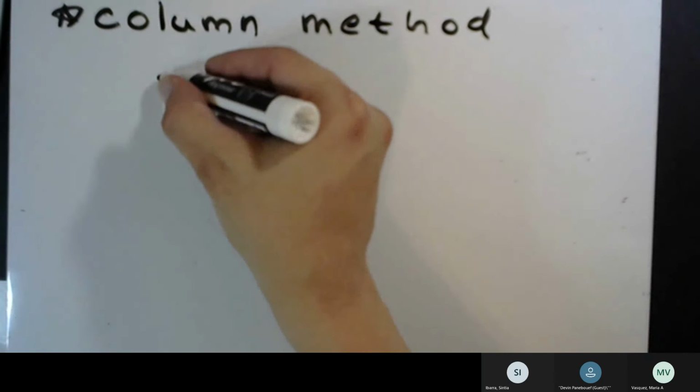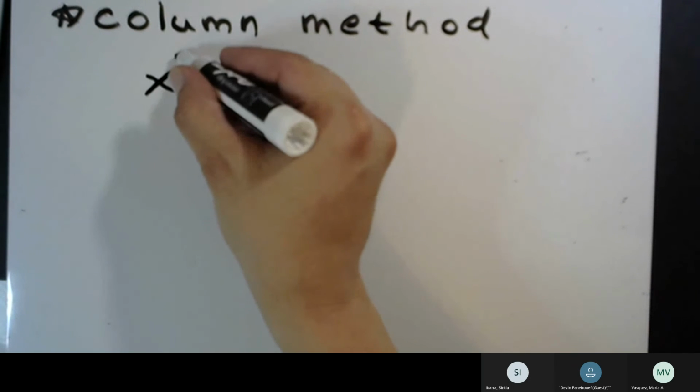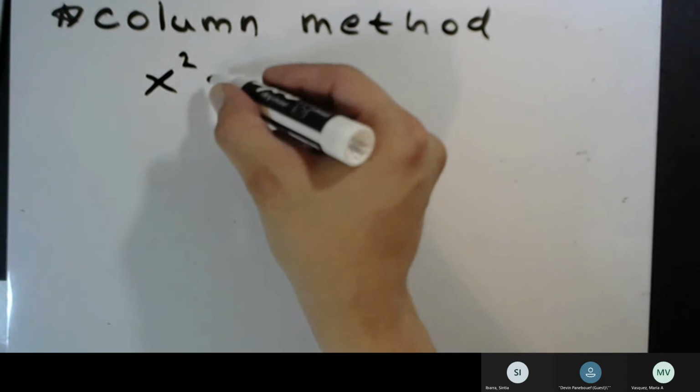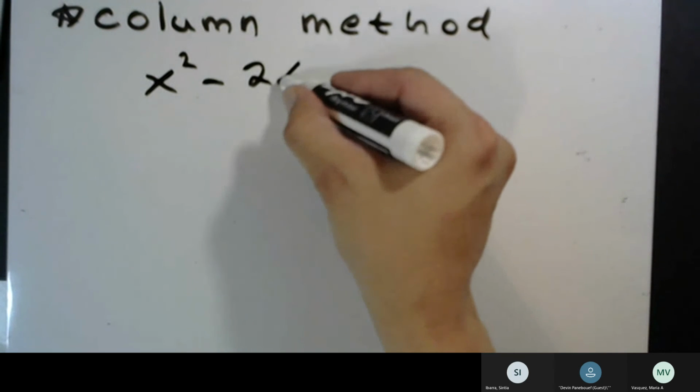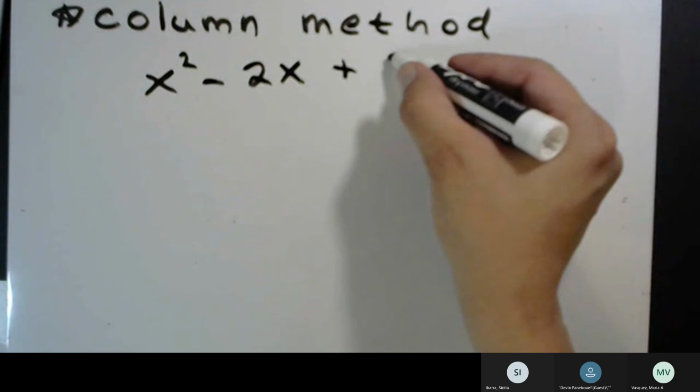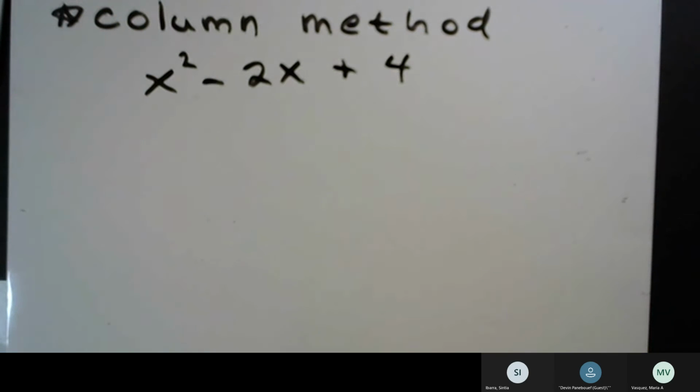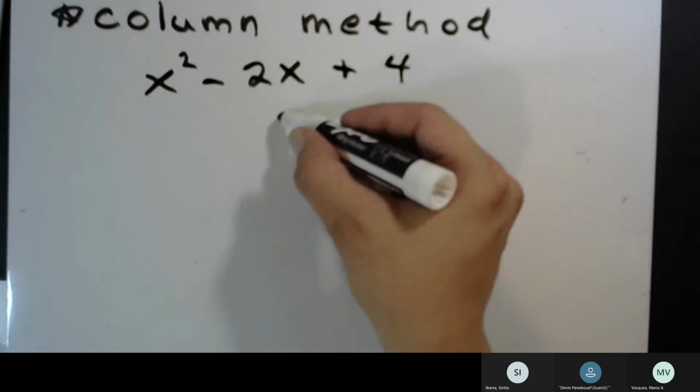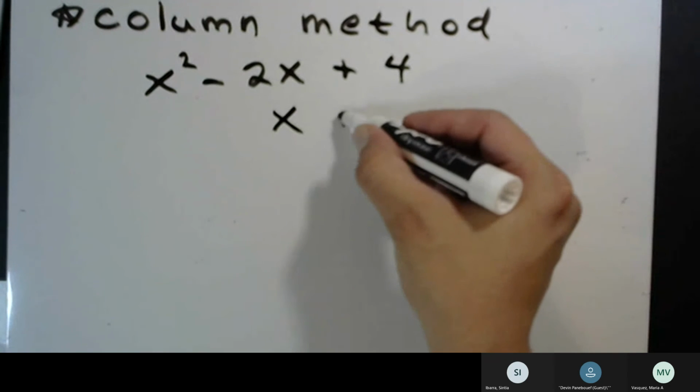So we'll take our same polynomial here, our trinomial. We're going to set it up like this.